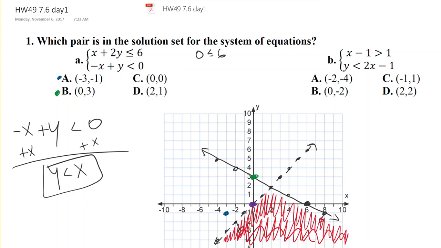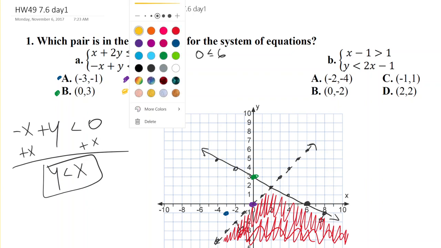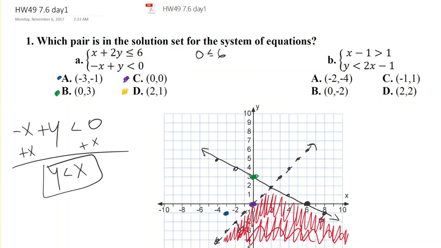Well, that's on the dashed line, so that automatically can't be a solution because it's on the dashed line, so that one's a no. And D, 2, 1, let's do it in yellow, 2, 1, right there. We're going to say yes. That looks like a solution.